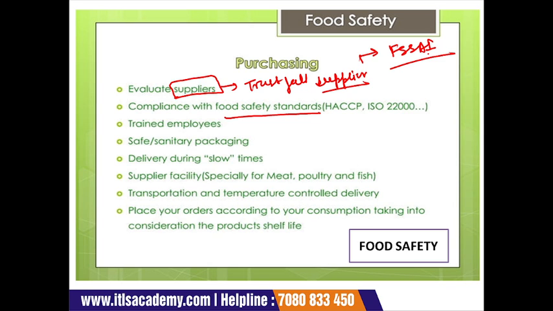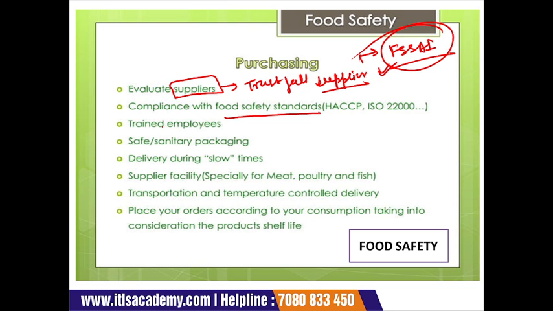See, in India, the body that governs the law related to everything about food is FSSAI. So if you are purchasing food from a supplier, then you have to check their FSSAI license.